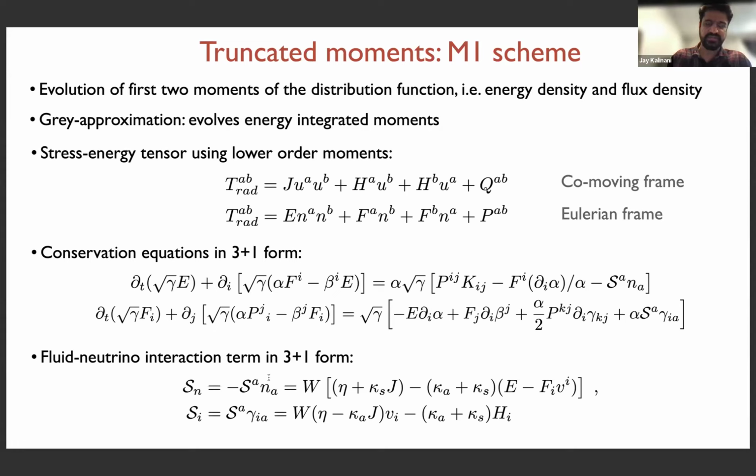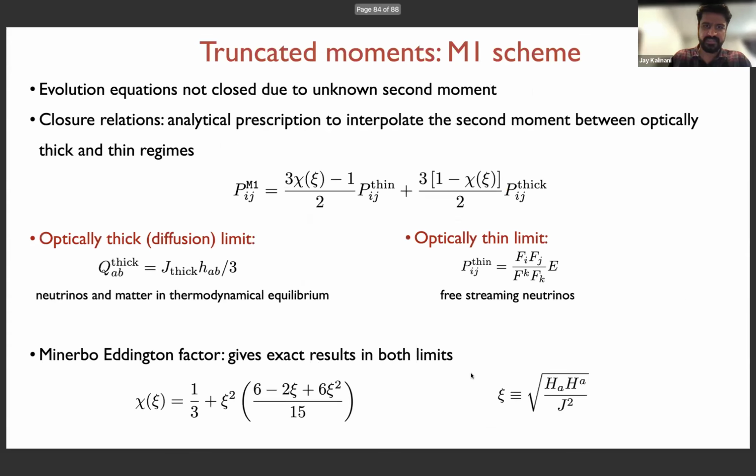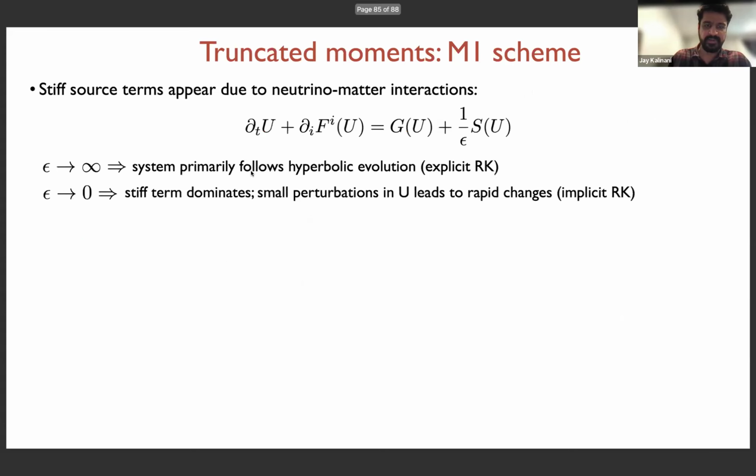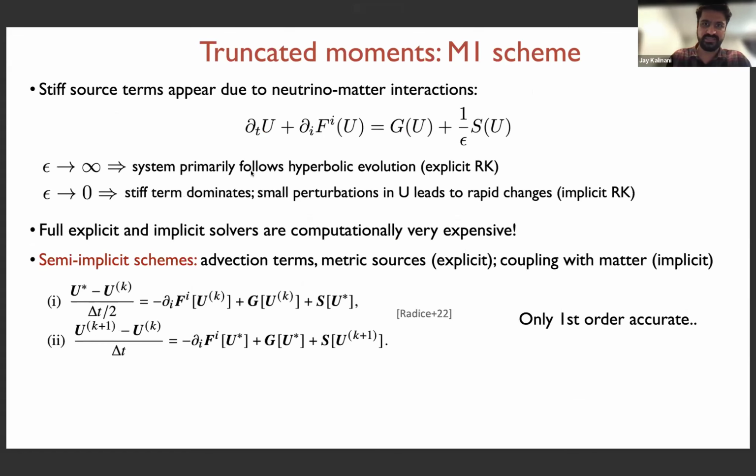There are also these fluid and neutrino interaction terms that we need to consider, which include the opacities, as well as scattering, absorption, and other such interactions. Then you also need to close these two moment equations by providing the second moment, the pressure moment, and there are different analytical expressions to do that. Again, not going into detail, but that's usually what comprises an M1 scheme.